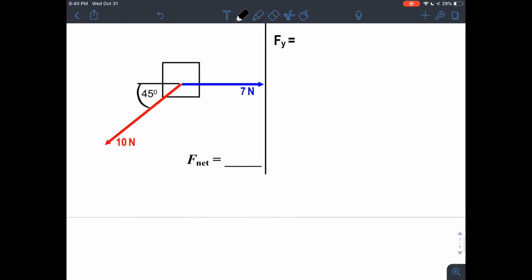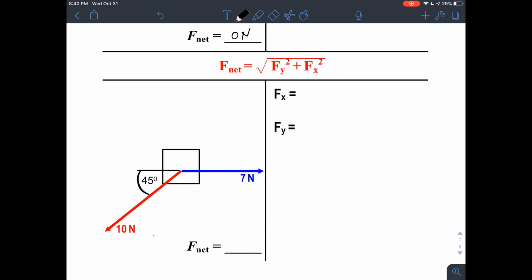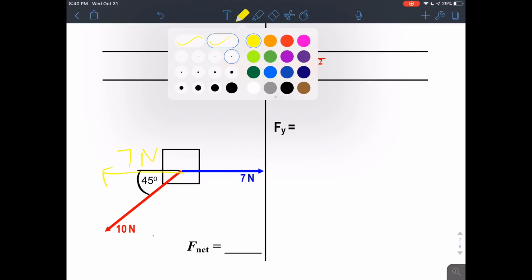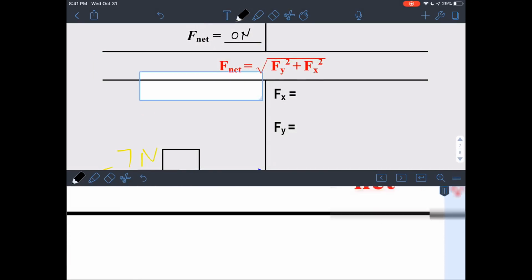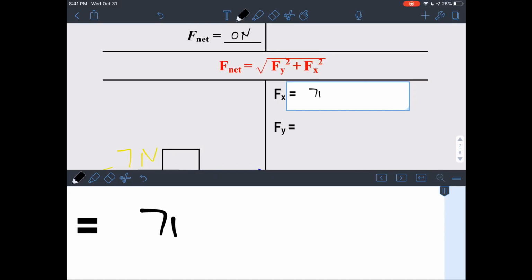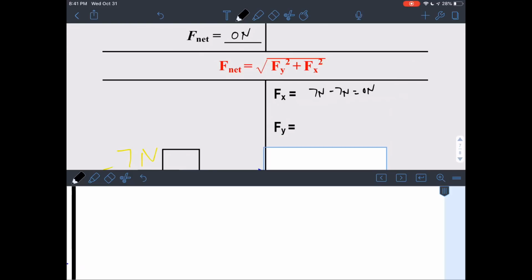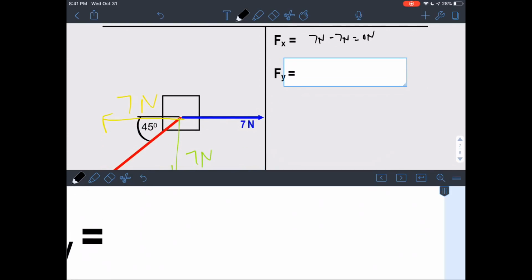If we look at this example here, we can play the same game. This 10 newtons down and to the left can be thought of as a vector that points 7 newtons to the left, and another vector that points 7 newtons down. So now we have 2 forces that are horizontal. We'll isolate those forces: our 7 newtons to the left minus our 7 newtons to the right, which is 0 horizontal forces. And vertically, we only have our 7 newtons down.